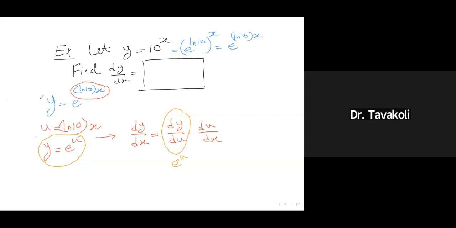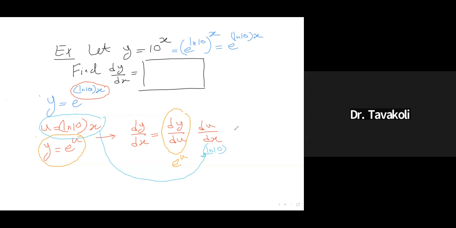How about this part? u is a constant times x. The derivative of a constant times x is just that constant, which is ln of 10. So ln of 10 is like a k, and when I have kx, the derivative of kx is just k. So that's why it is ln of 10. So what is the final answer here?